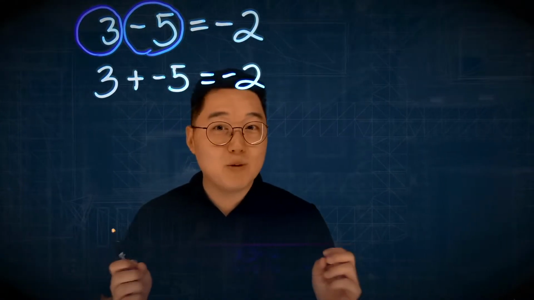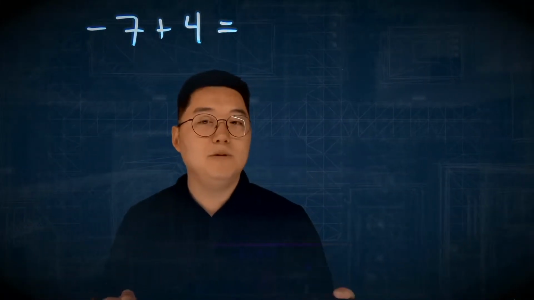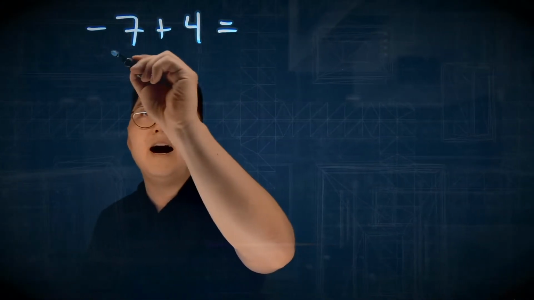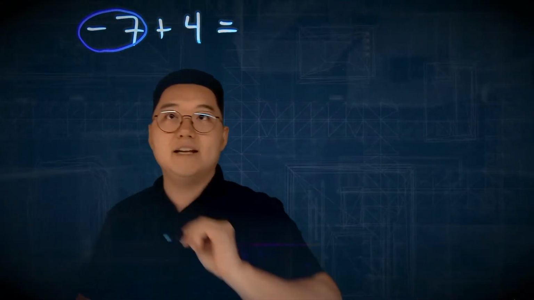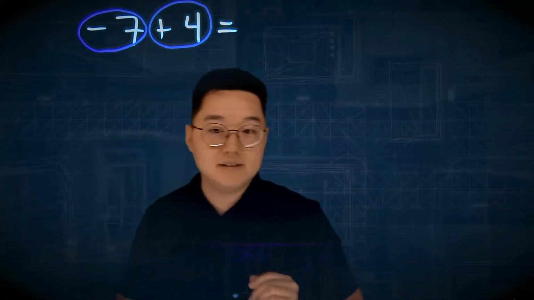Now let's try a couple more problems that look kind of like this. This time I got negative 7 added with 4. What does that equal? Well, can I show you guys this visually? Of course. But this time let's try this in our heads. You can even see it like this. I have 7 negatives. Combine that with 4 positives.